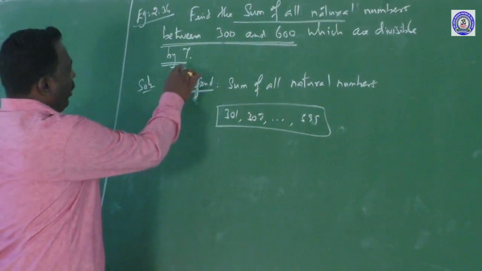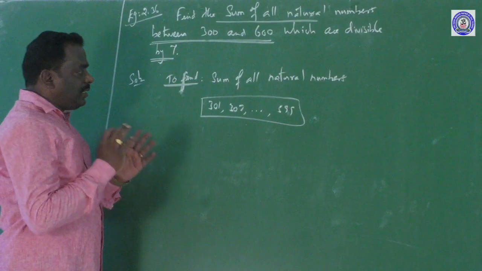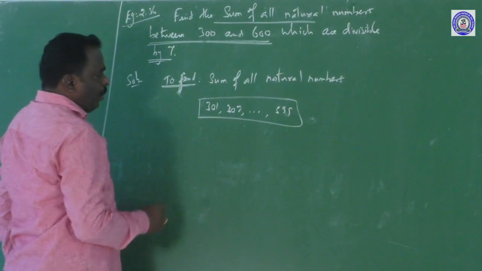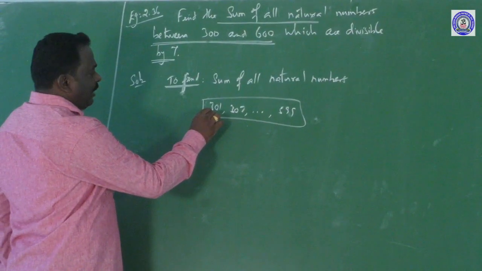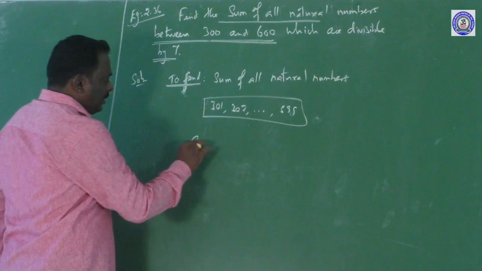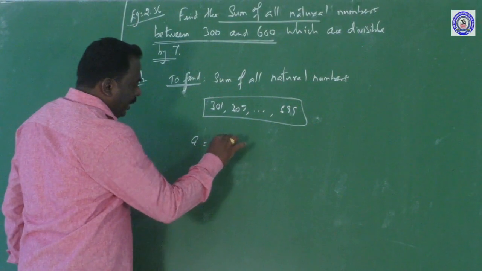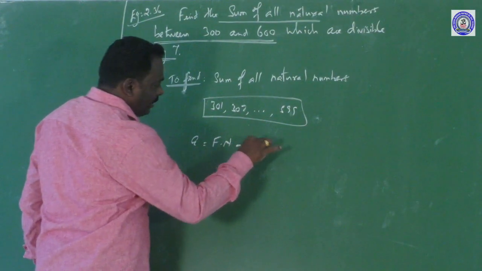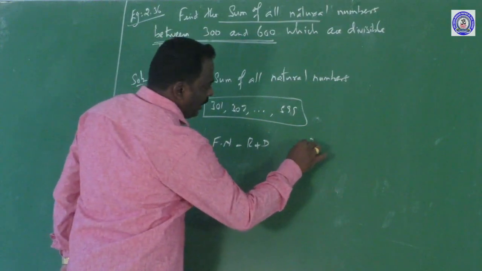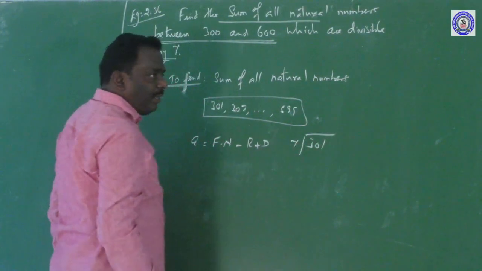So now we want to find, from this series of numbers, which are divisible by 7 first. First find the first number: the first number minus the remainder plus the divisor. So 301 is the first number, and it is divisible by 7.